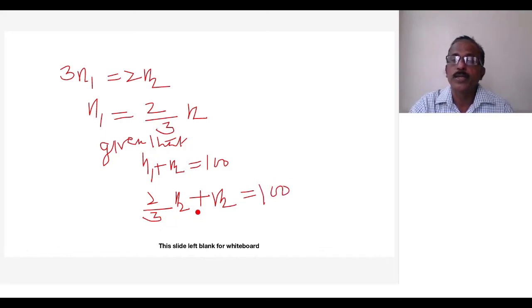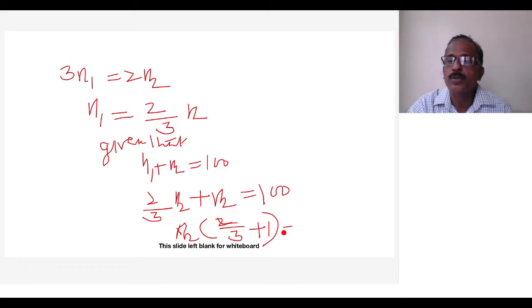Then n2 can be taken outside: n2 into (2 by 3 plus 1) is equal to 100.